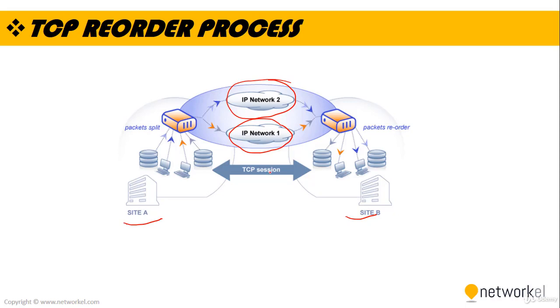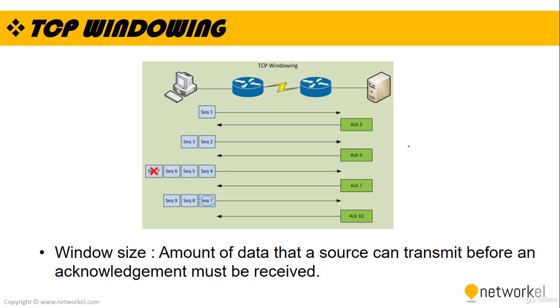Some of them may prefer IP network 1, and some of them might prefer IP network 2. TCP reorders these packets at the destination, and this process is known as the TCP reorder process. This process is not available for UDP, guys. Please pay attention to that.